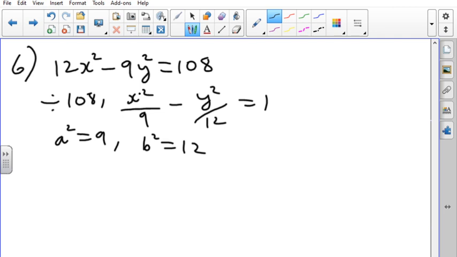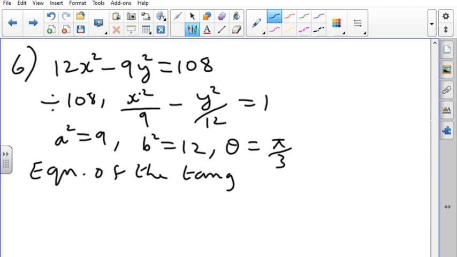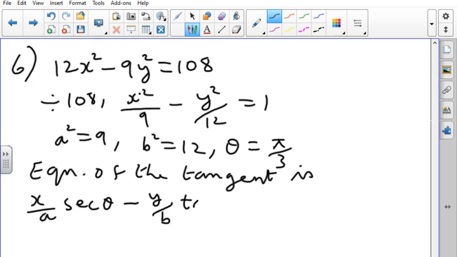Now the equation of the tangent is x secant theta. Theta is given as pi by 3, so we can use a formula. The equation of the tangent is x by a secant theta minus y by b tan theta is equal to 1.